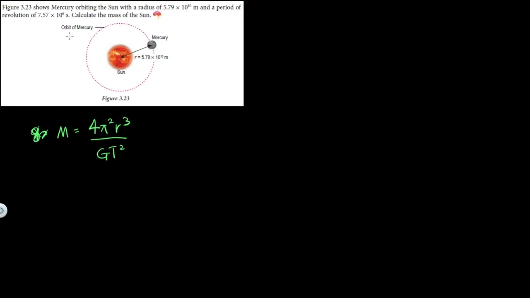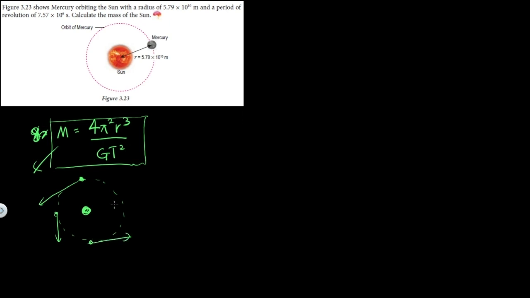Before we go into our example, again, this formula can be used to find the mass of the object which is at the center, that is being orbited by a smaller object, such as the moon orbiting the earth.